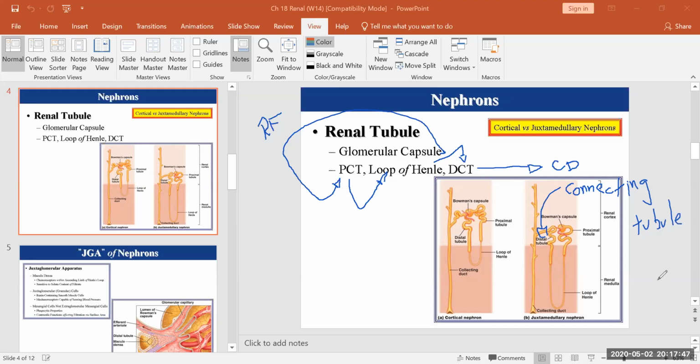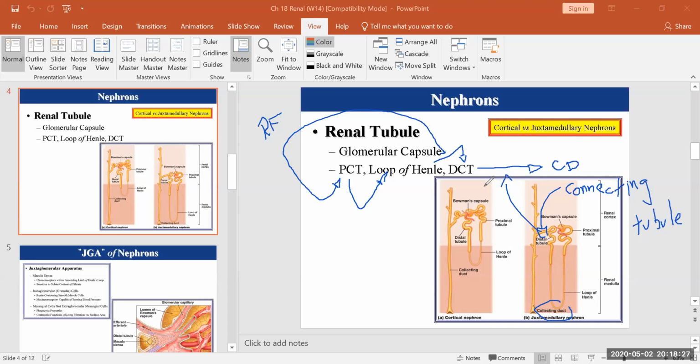So each nephron has its own exclusive connecting tubule. And this connecting tubule is connecting that nephron to the collecting duct, okay, down here. Collecting and connecting, okay? Collecting, C-O-L-L-E-C-T-I-N-G, whereas connecting is C-O-N-N-E-C-T-I-N-G. So the connecting tubule is over here. This part here is shown here. Okay.